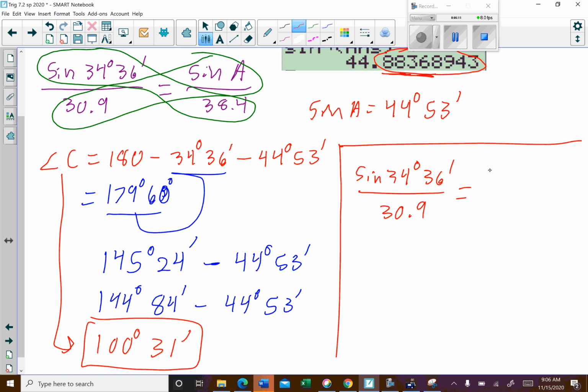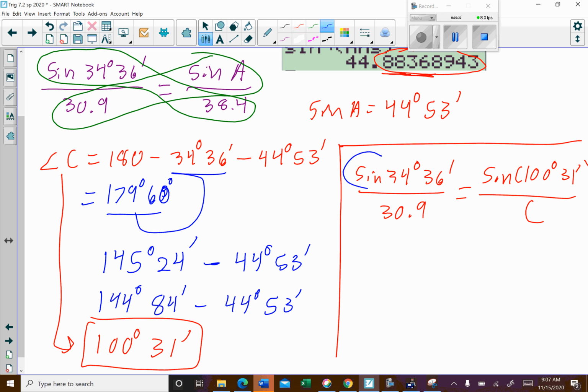And then equals, this time I do know the angle, so it's going to be sine of 100 degrees and 31 minutes. So we'll go ahead and put that there. And then over side C, which we don't know in this case yet.